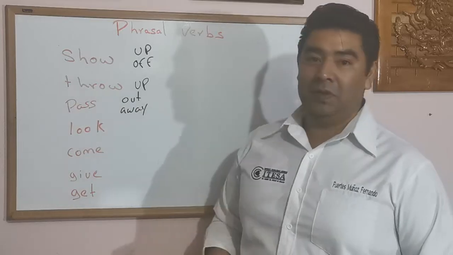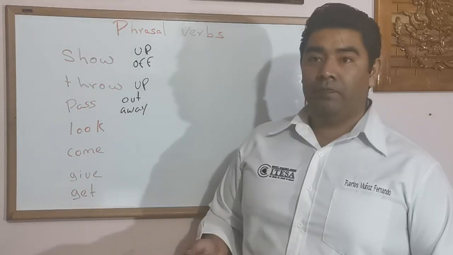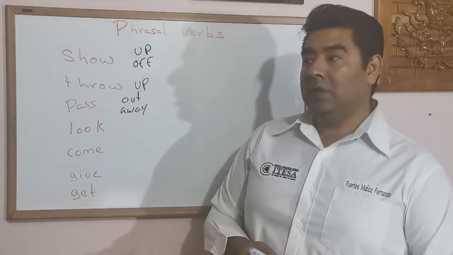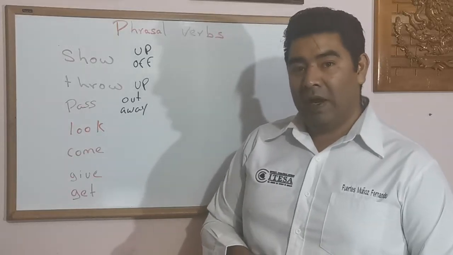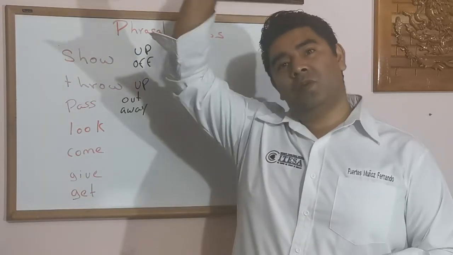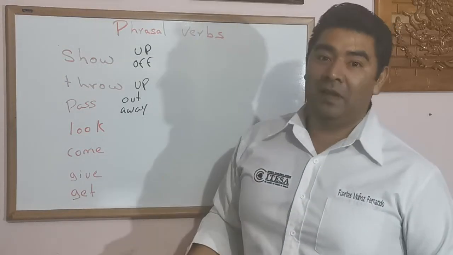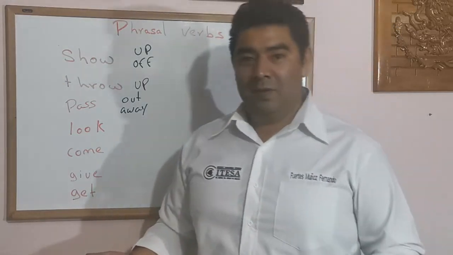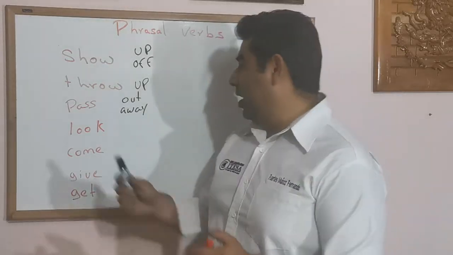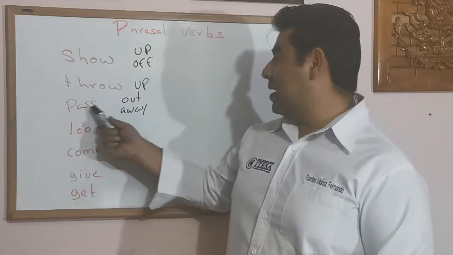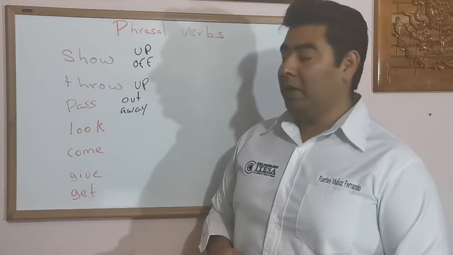That's a pass out. Pass away, on the other hand, is to die, right? To pass away is when you buy the farm, when you go to heaven or to paradise, or maybe if you were a bad person, you go to hell, right? So that's pass away, right?